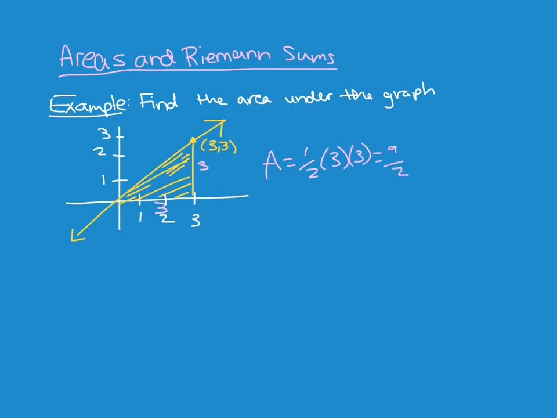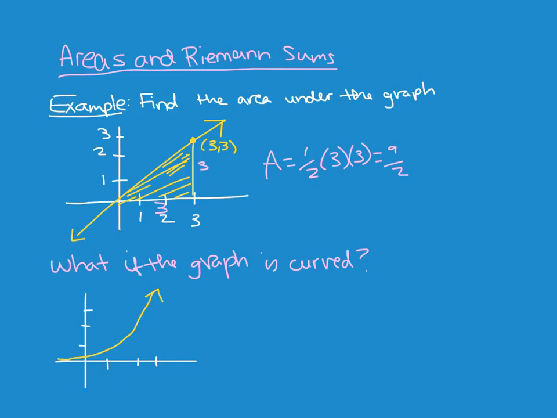Now, unfortunately, when we're finding areas, we're not always going to have something nice like this. Occasionally, we will get something curved. So, what do we do if a graph is curved? In the first example, you had this nice graph. It's split nicely into a triangle.